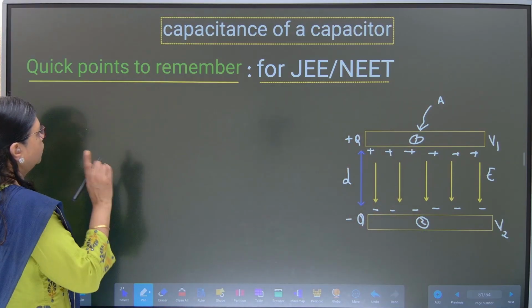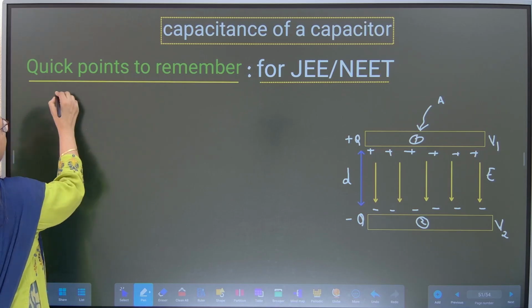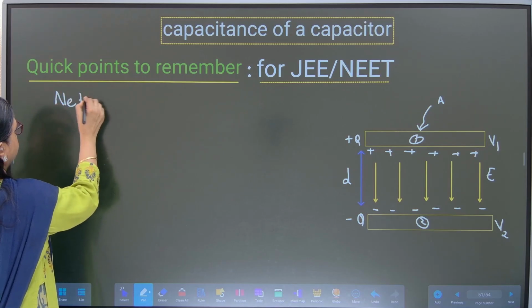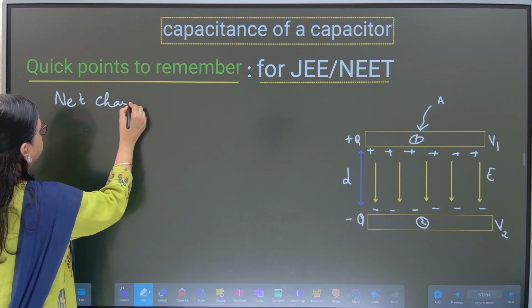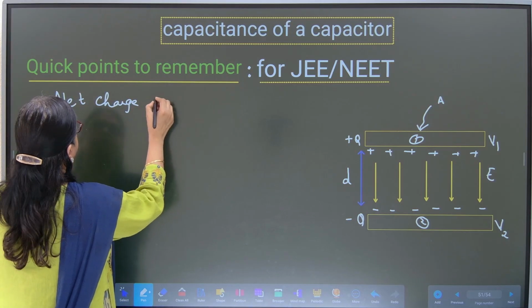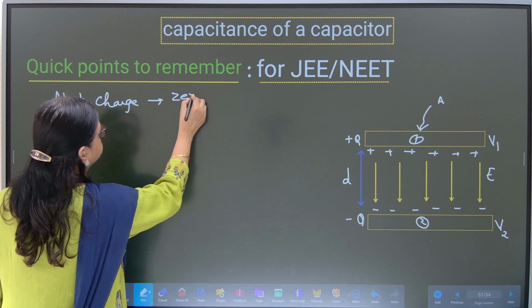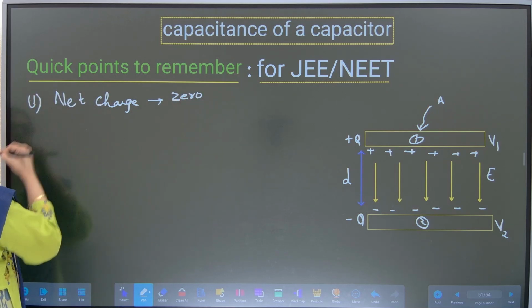Fine. So what you have to remember is the net charge for the capacitor remains 0. That is the first point.